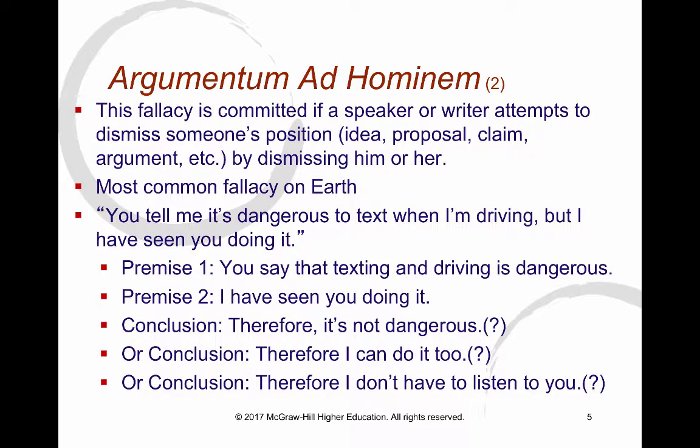And it also doesn't help us understand what the conclusion of this argument is. It could be, therefore it's not dangerous, or therefore I can do it too, or therefore I don't have to listen to you. But regardless of what you think the unstated conclusion is, it's not supported by this evidence that I have seen you do it.